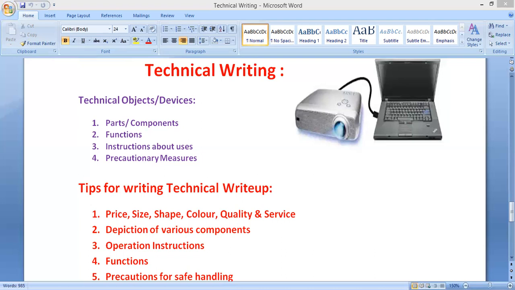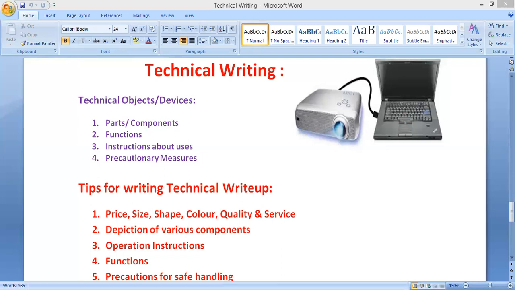So these are the four steps one should know while doing technical writing. First of all, the parts, or components, then functions, where it is used, the detailed use, and instructions about uses, how it should be used, and of course, the fourth one is precautionary measures.